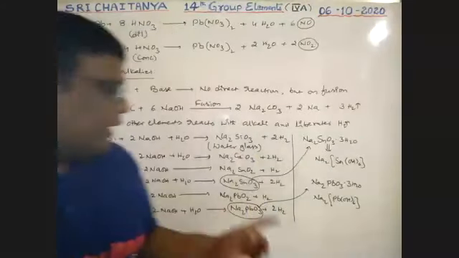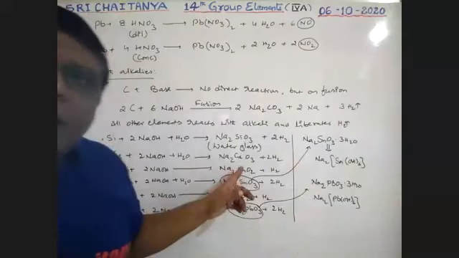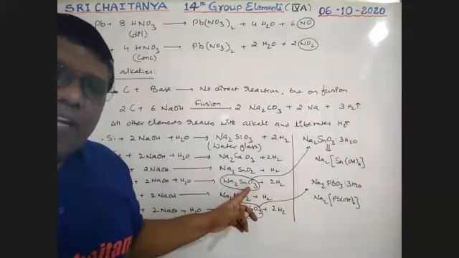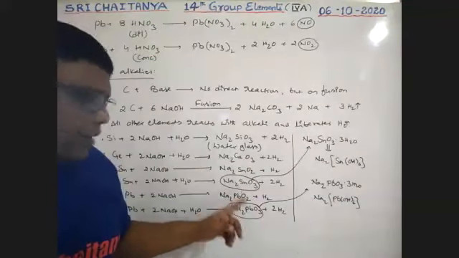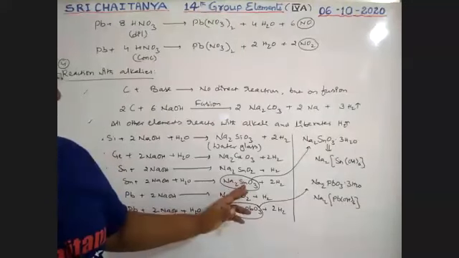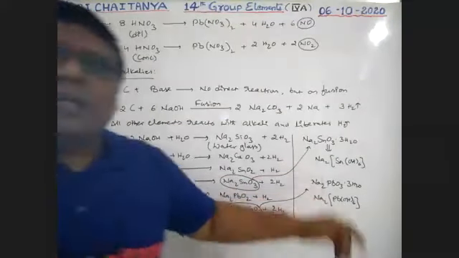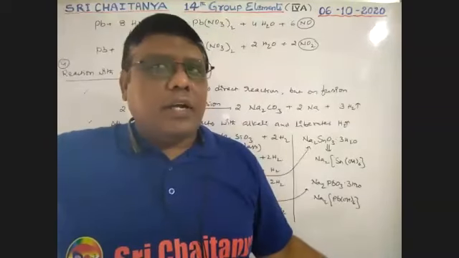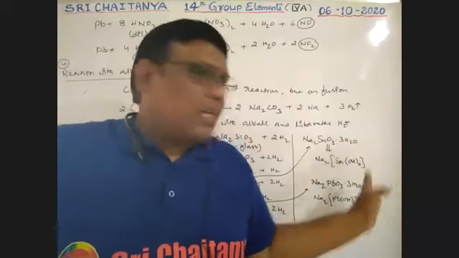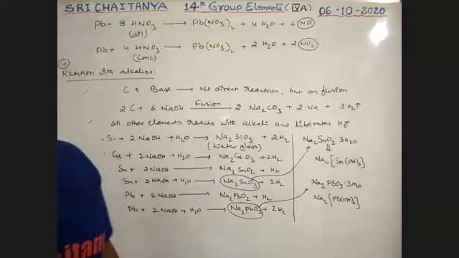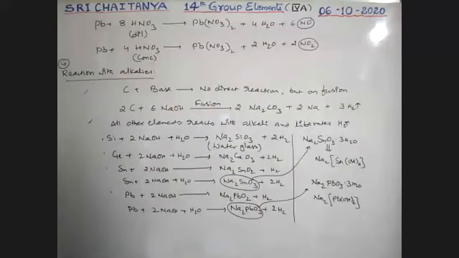Here sodium stannate and plumbate, both are hydrated compounds, boys. So the hydrated compounds exist as complex compounds like this. So note down each and every reaction. Very, very important. Note down each and every reaction.